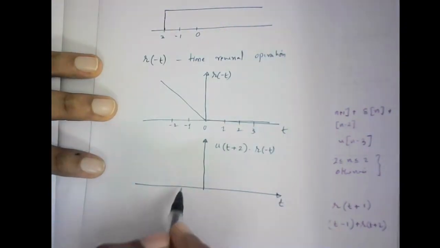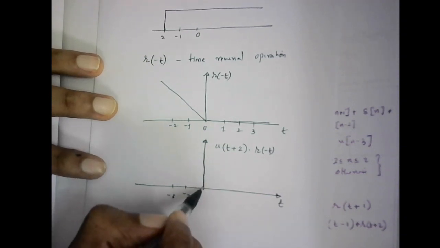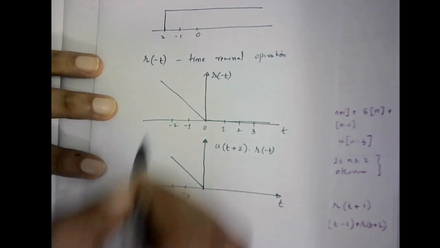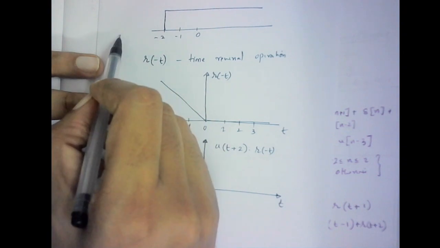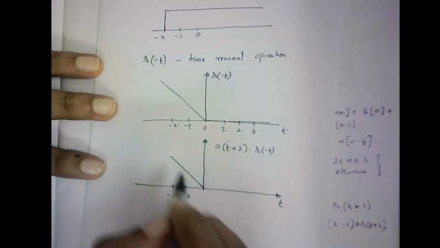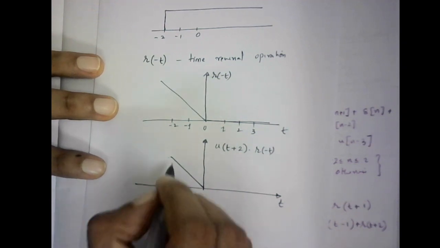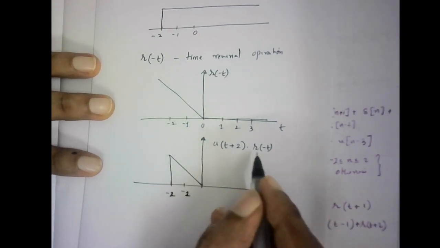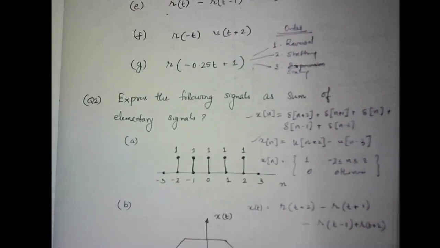So you will get something like this, and it will stop at -2, because the values before -2 for u of t plus 2 are 0. If you multiply, the rest of the values will be 0. So this is -1, this is -2, and this is u of t plus 2 into r of minus t. I hope it is clear.